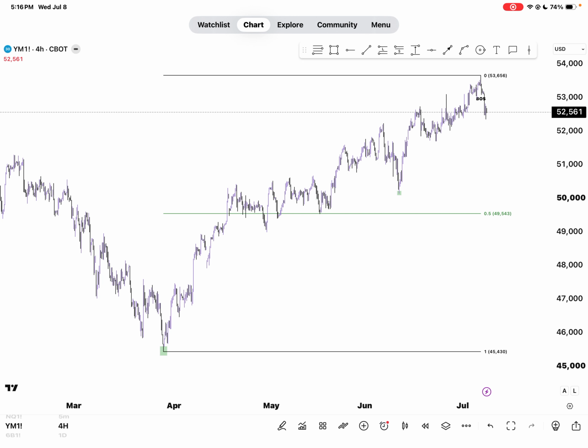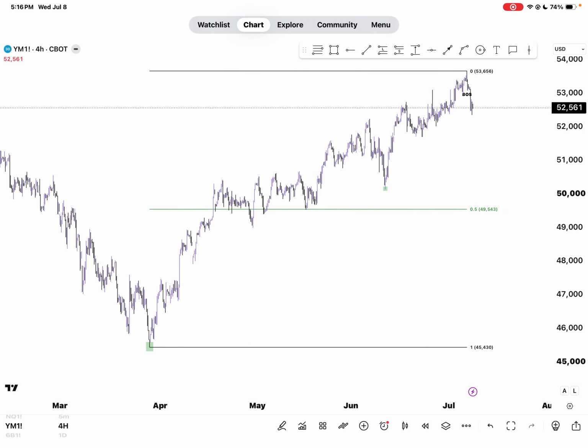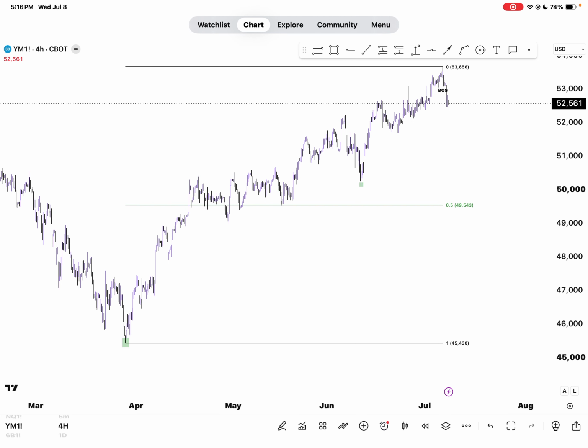If it doesn't hold, then that holds with the principles that it's not the correct range to be marking out, and we'll get continuation of the bullish run. If it is holding, well, shoot, we have a lot of room for price to basically retrace or pull back into, because the discount alone is about 2,000 points away. So yeah, this is going to be pretty interesting to see moving forward through the rest of the trading year.